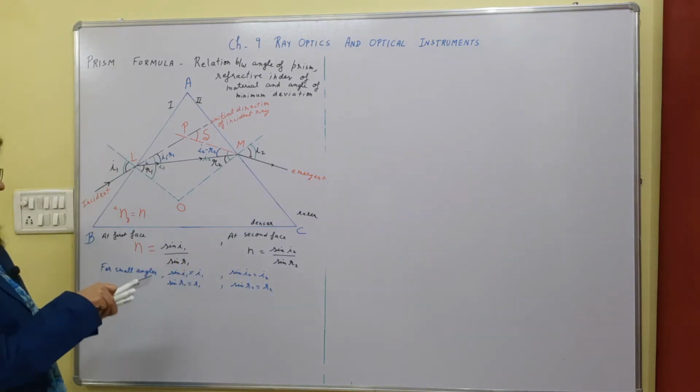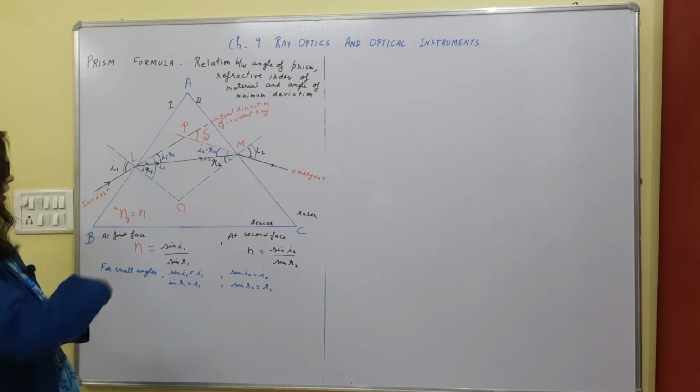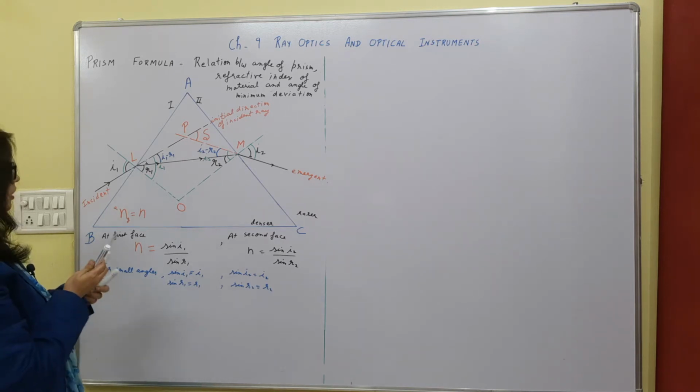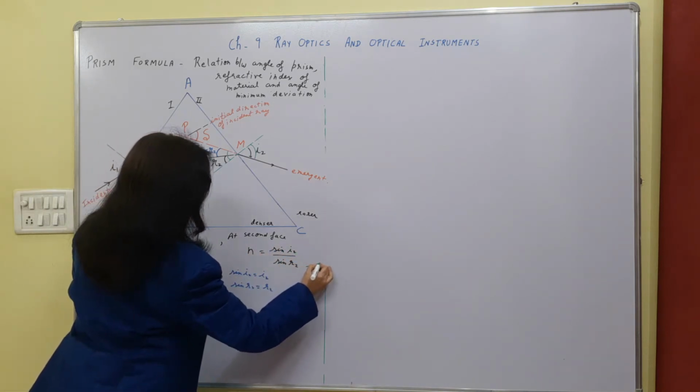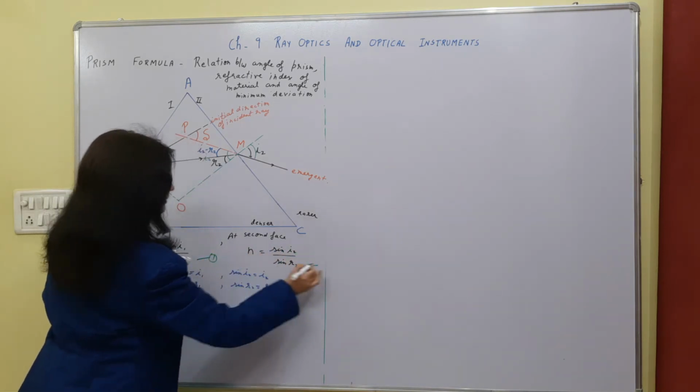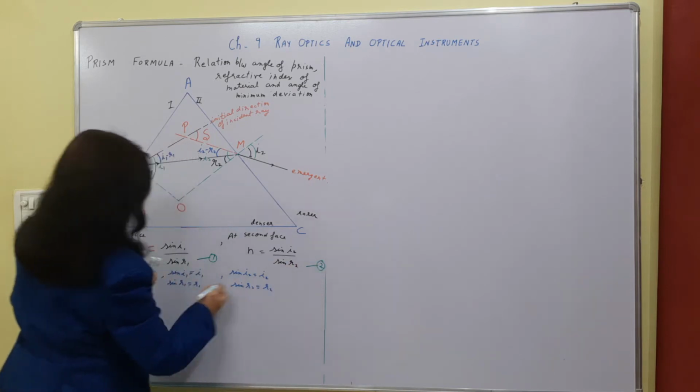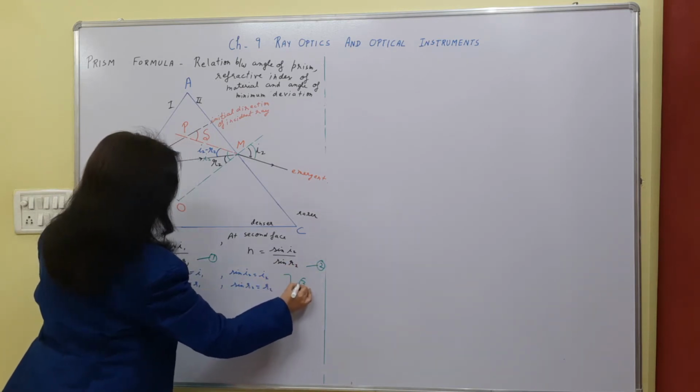So if we put these values in our equation 1, we are marking these two together as equation 1. Yes, this as 2 and this together as 3.